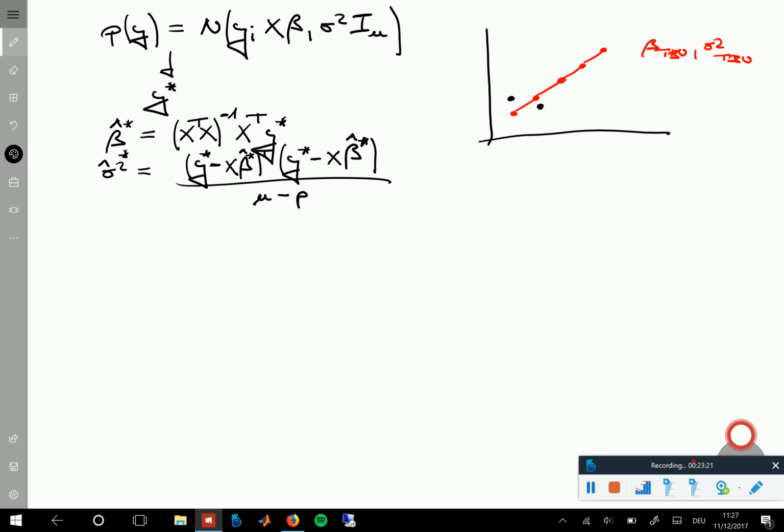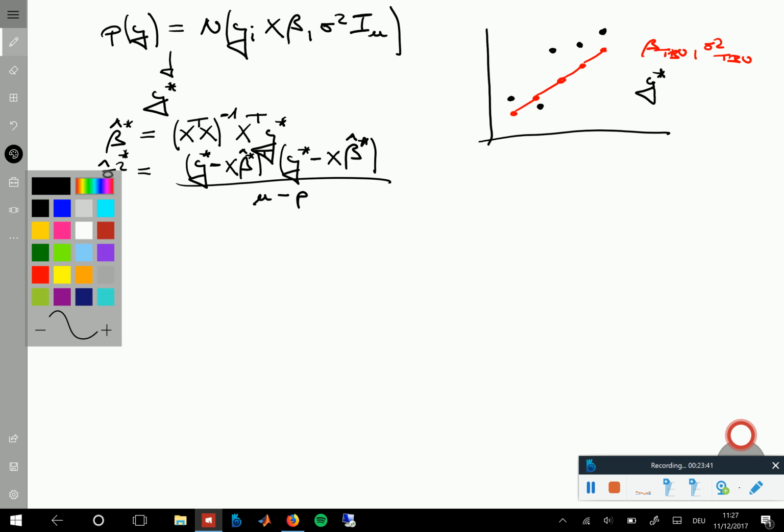We sample data points, and I on purpose make a little bit of a weird sample here. So this would be our y star, which we have sampled, and then we can compute parameter estimates for our true but unknown beta and our true but unknown sigma square.